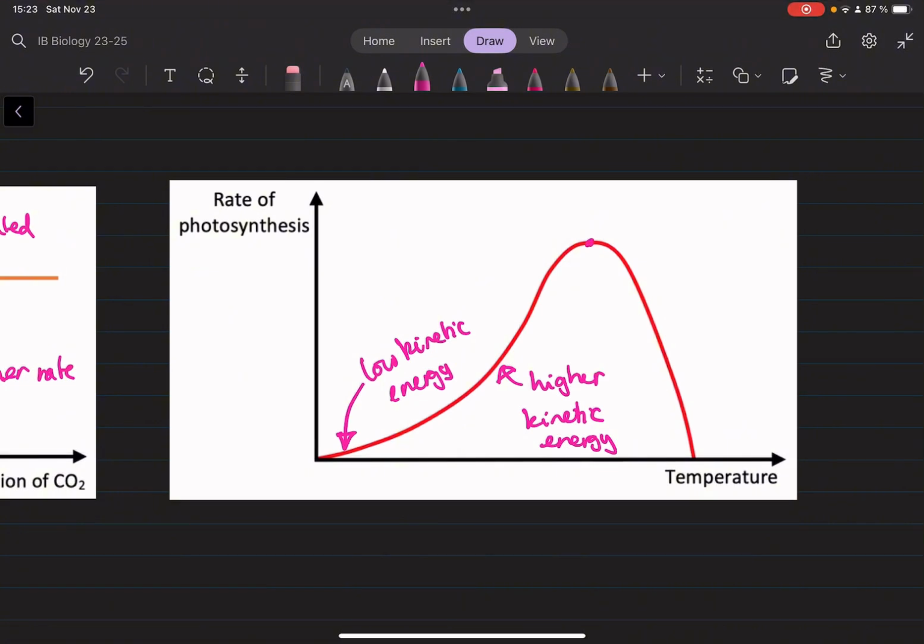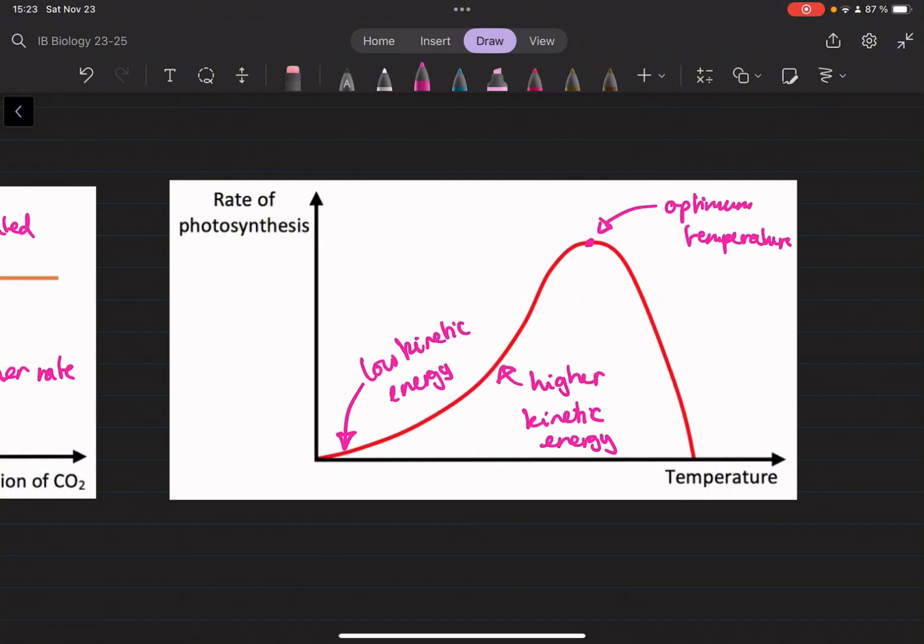And at a certain point, you'll reach the optimum temperature. And this is the temperature at which the enzymes and the reactants will be essentially the most rate of photosynthesis will happen.